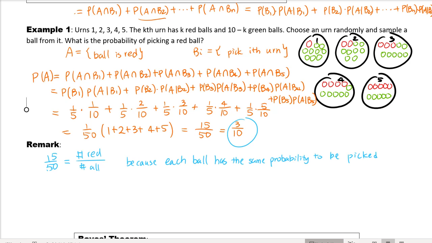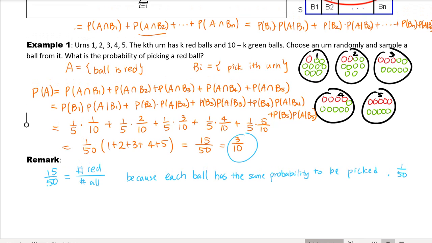So because each ball is equally likely, each of them has the probability 1/50. And why is this true? That is really because each urn is equally likely. And also because each urn has the same number of balls.